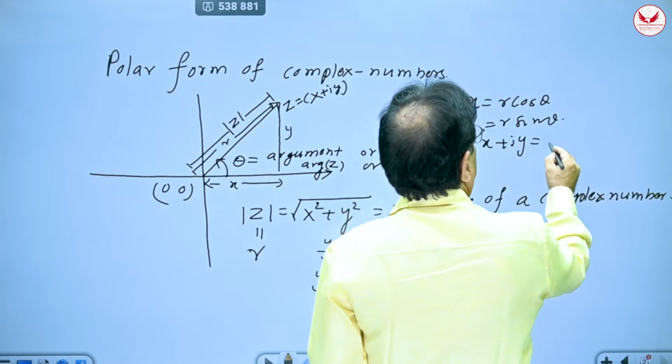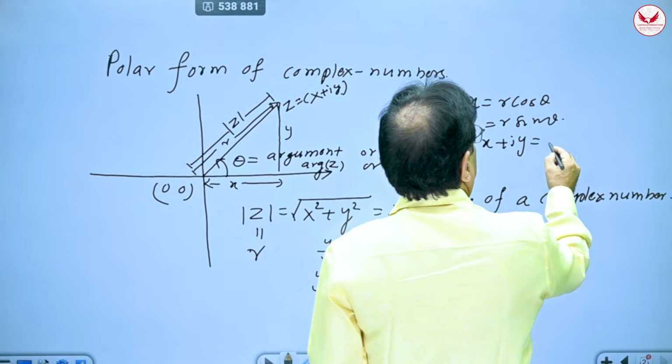So I want you to understand that a complex number can be written in the form of theta and r, where r is the modulus of the complex number, theta is the argument, and the argument is always measured in terms of the angle from the positive direction of x-axis towards the vector representing z, measured in anti-clockwise direction.